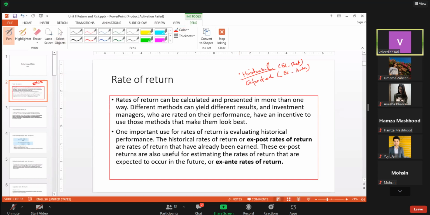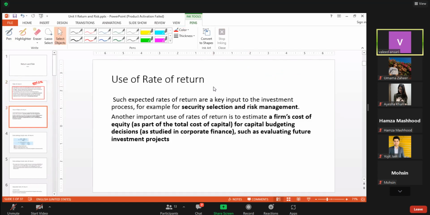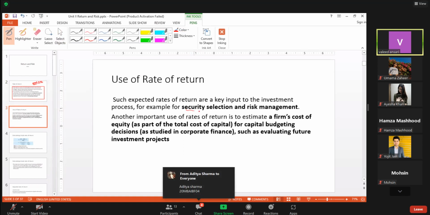So let's get going and try to understand the return concept, and we should keep in mind why returns are important, because they have immense use in a variety of settings. If you want to find out a security for investment, we can use the return to determine whether the security is underpriced or overpriced, whether to buy it or not.